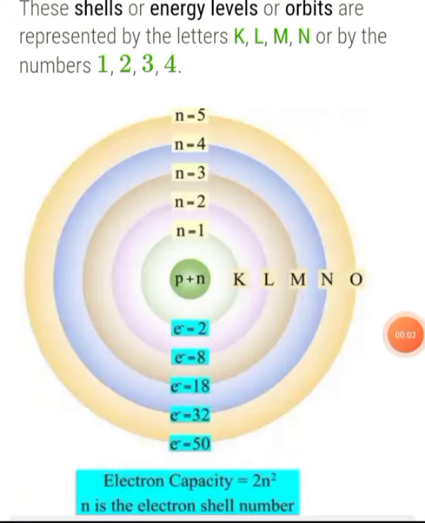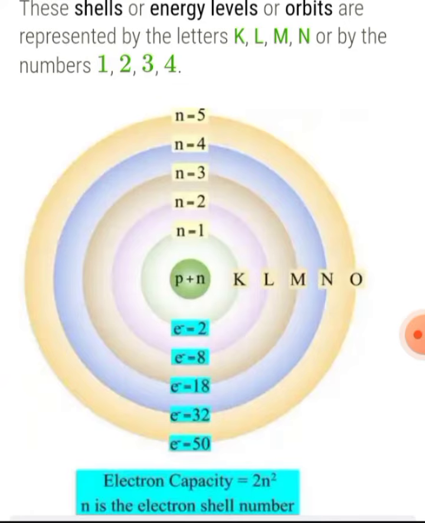Alright, you can see the shells of an atom, the electron shells, as they are different energy levels or orbits. You can see the K shell, the L shell, the M shell, the N shell, the O shell, and the respective values of n and the respective number of electrons that can be found in each shell.